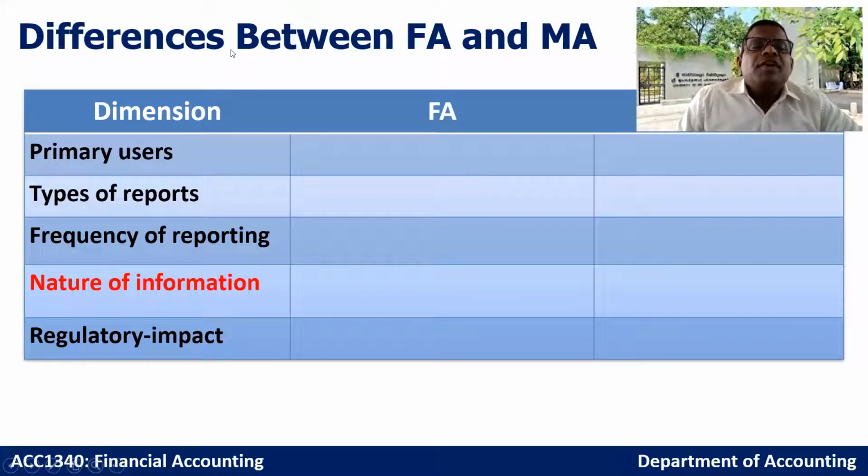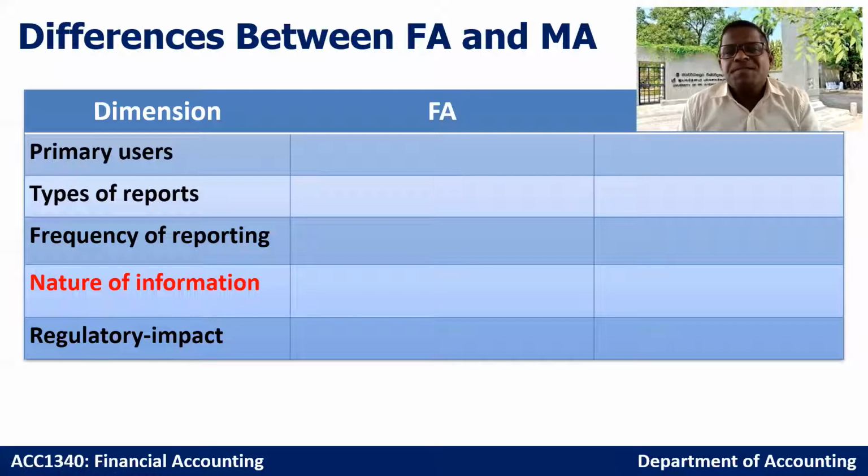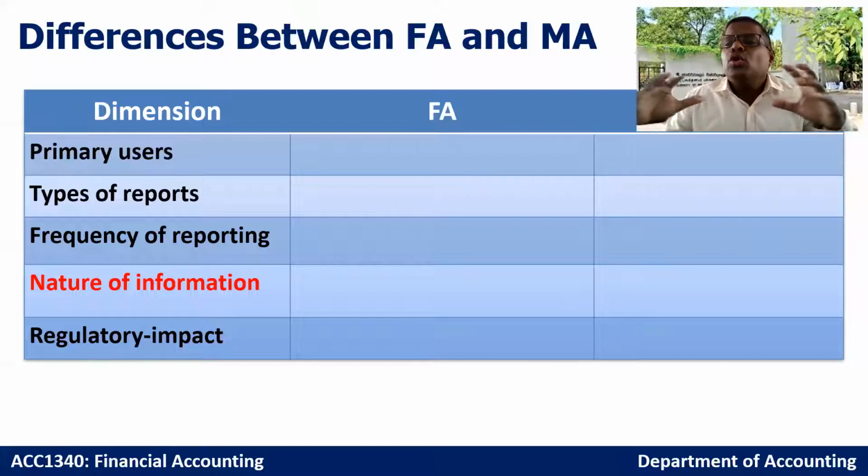Then we have the differences between financial accounting and management accounting. Just to communicate to you, here we have selected 5 variables. But when you try to understand differences, or when you try to differentiate any two concepts, there is no particular number of variables.